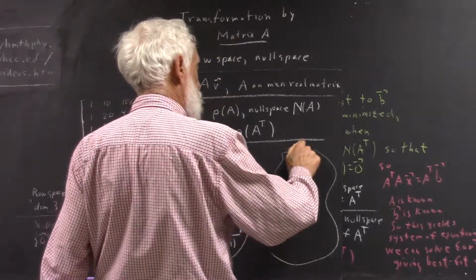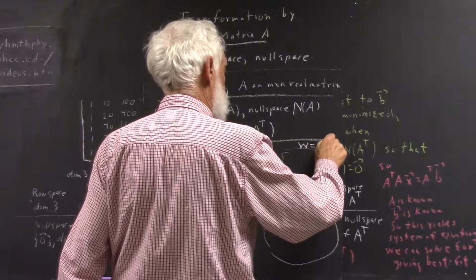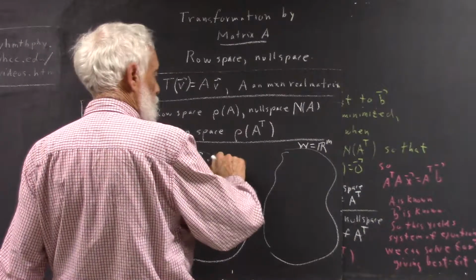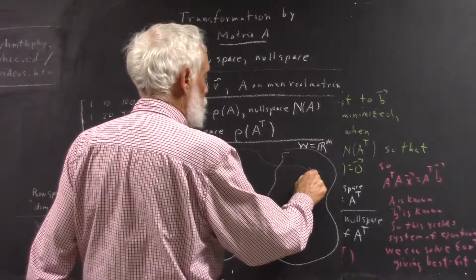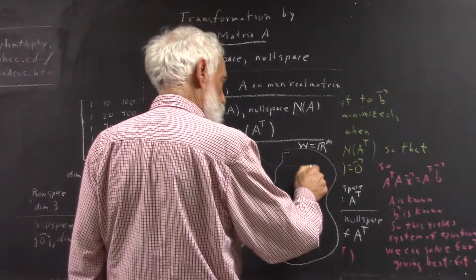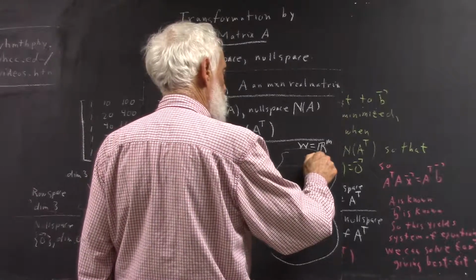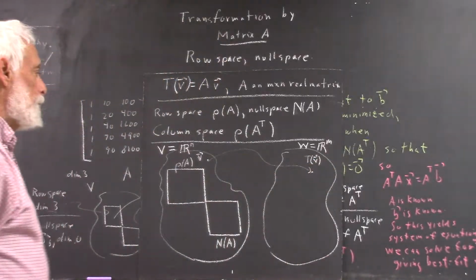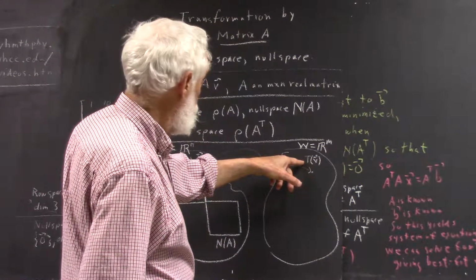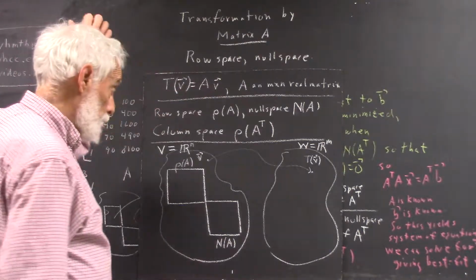So let's call this space here W equals Rm, so that V goes somewhere over here in W. And we'll call this image T of V. And of course, T of V is defined to just be the product of the matrix A with the vector V.